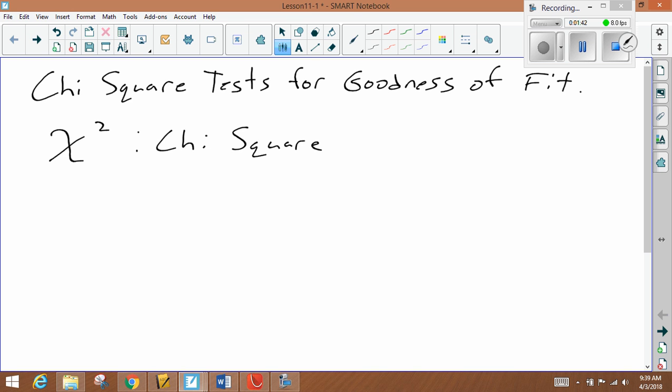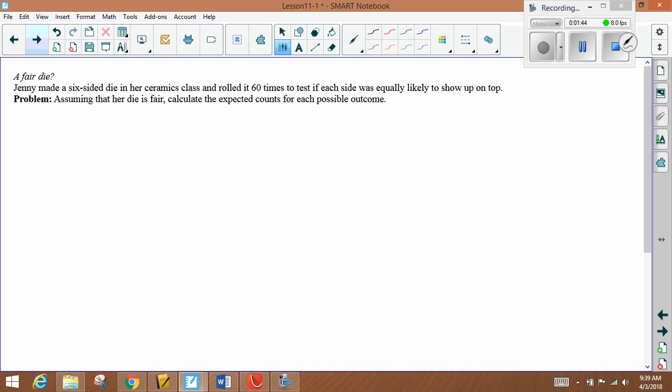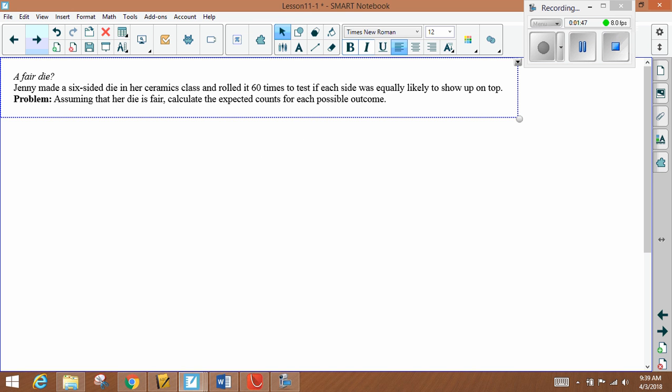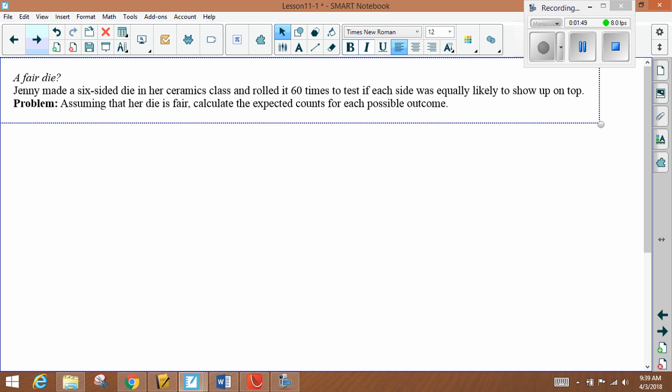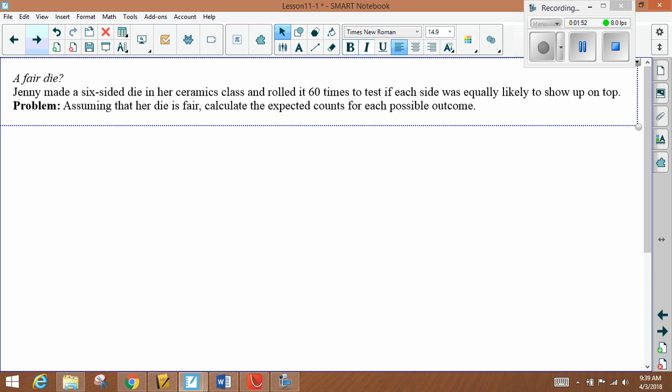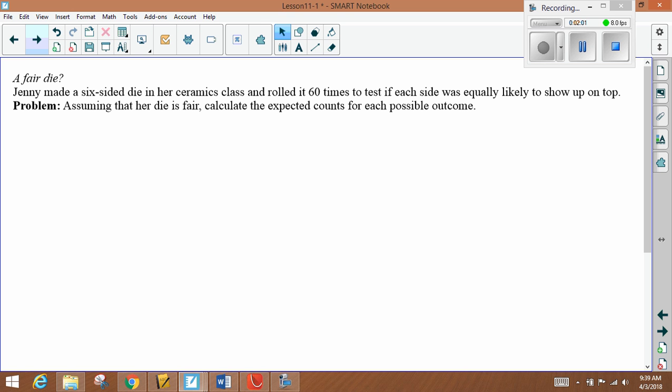So one such example would be this idea of this Jenna. Jenna made a six-sided die from ceramics and rolled it 60 times to test if each side was equally likely to show up on top. Problem is, assuming that the die is fair, calculate the expected count for each possible outcome of Jenna's rolling.